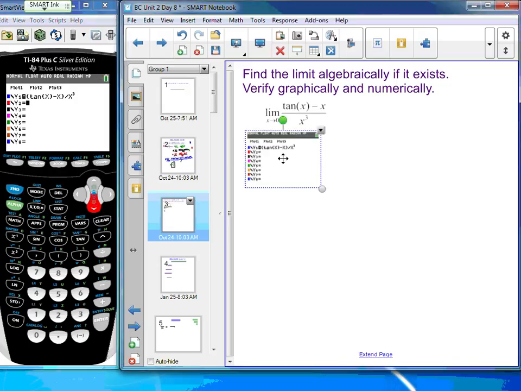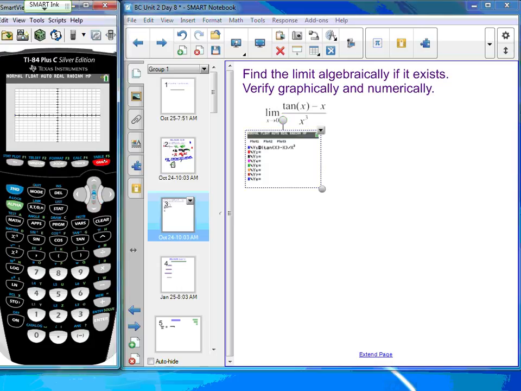So I'm going to zoom to enter. Okay, so here we go. As x goes to 0, what's happening to my function?